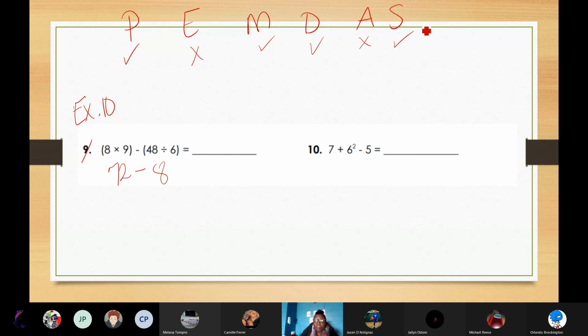All that's left is to subtract. And what is 72 minus 8? 64. We solved what was in these parentheses first. We solved what was in these parentheses second. And then we did the outside operation.